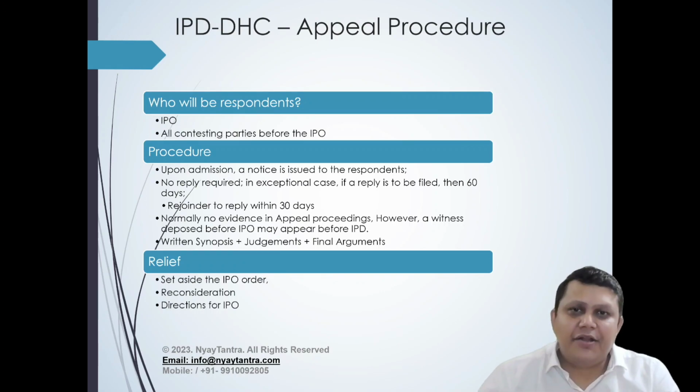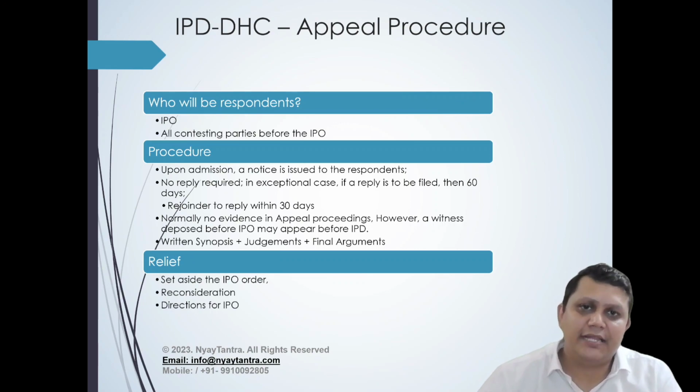As an appellant, you will get different kinds of relief from the IPD of the Delhi High Court. The first type of relief could be one in which the Honorable Court may set aside the impugned order issued by the Intellectual Property Office.